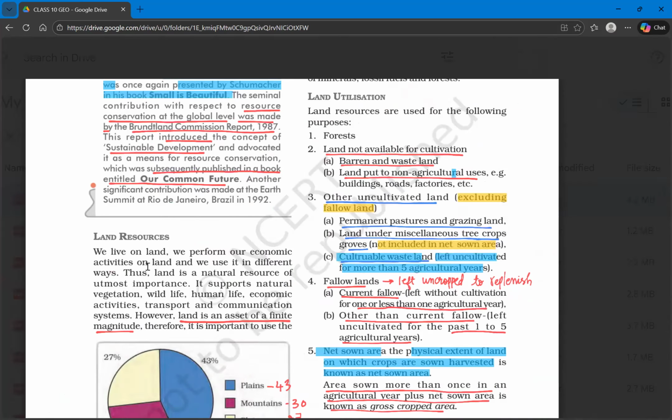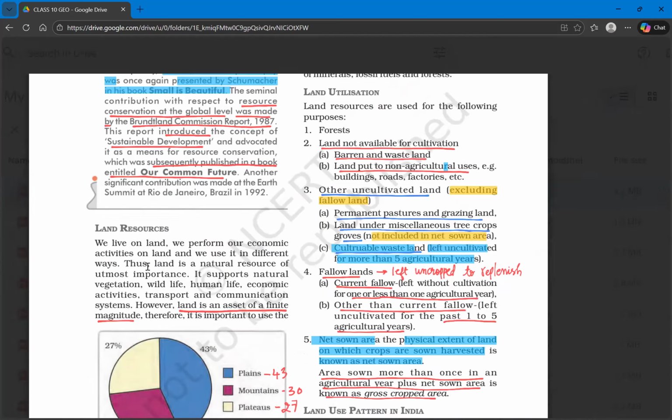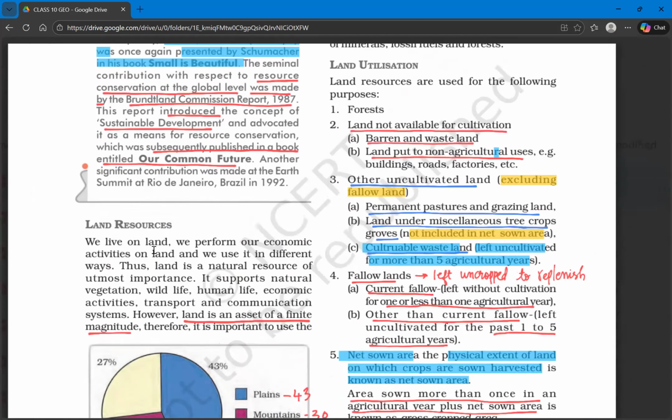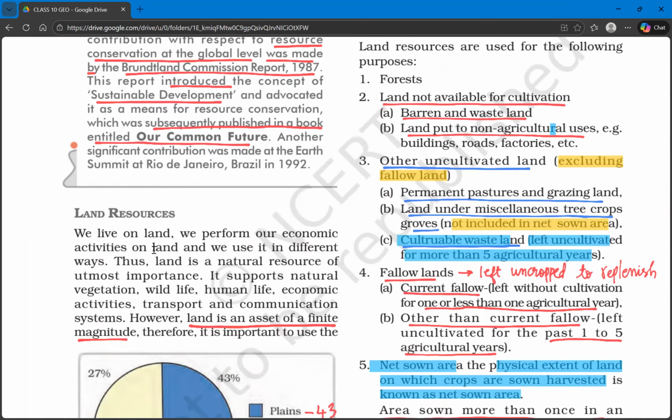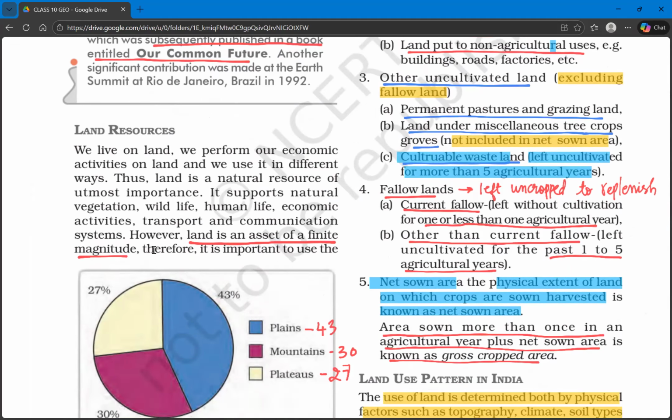Land resources. We live on land, we perform our economic activities on land, and we use it in different ways. Thus, land is a natural resource of utmost importance. It supports natural vegetation, wildlife, human life, economic activities, transport and communication systems.